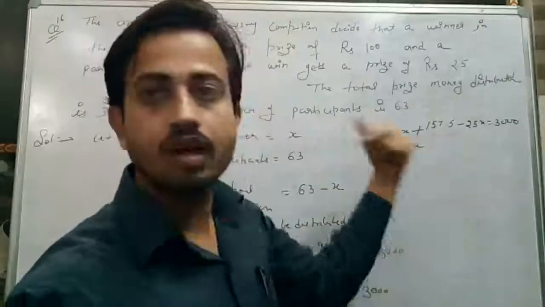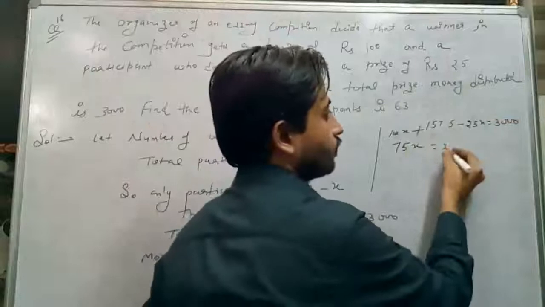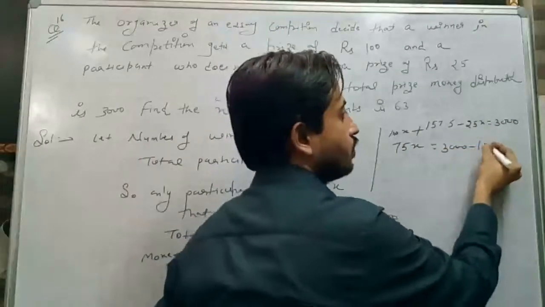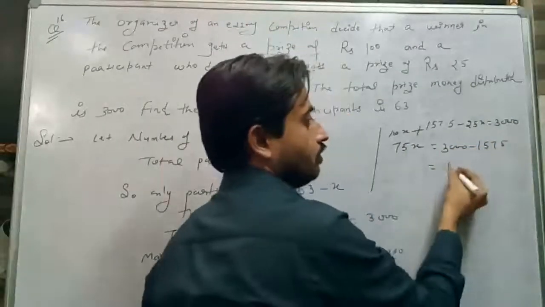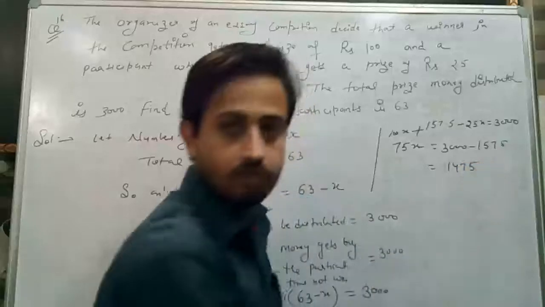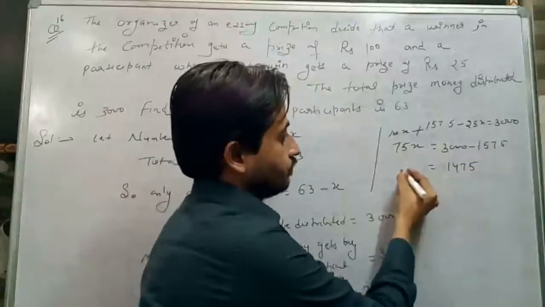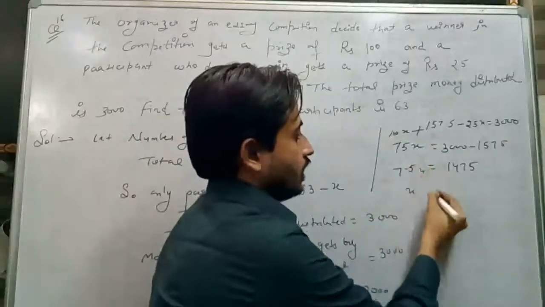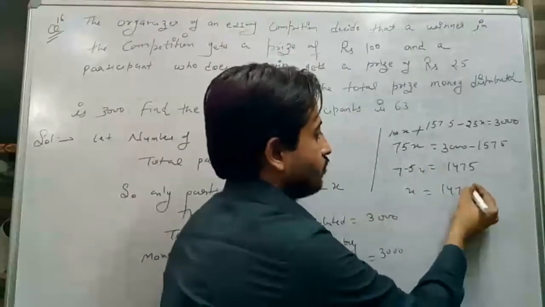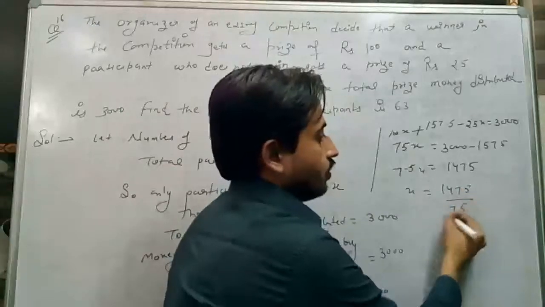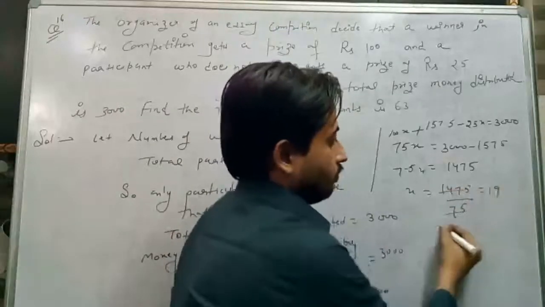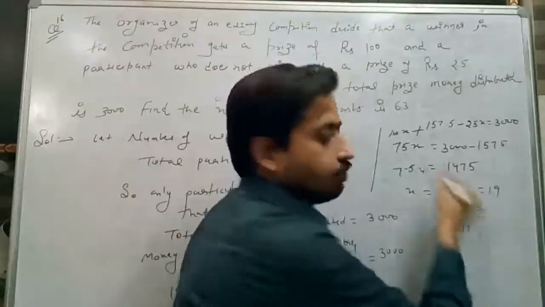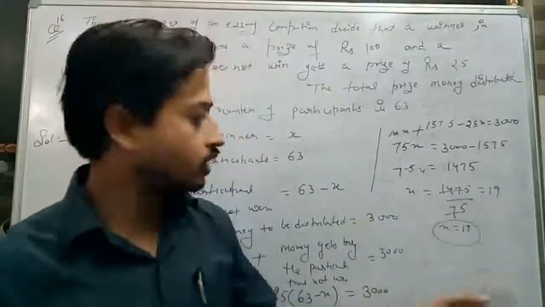Now take this value to the right hand side. 3000 minus 1575, we got 1425. Now solve this. x is equal to 1425 divided by 75. You get 19. By dividing you get this.